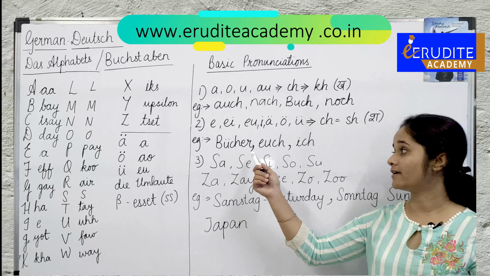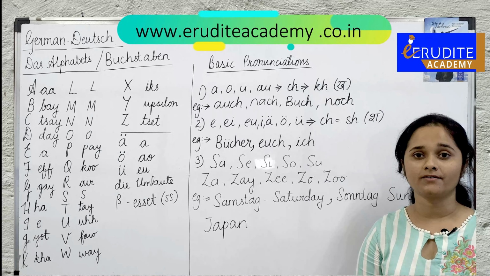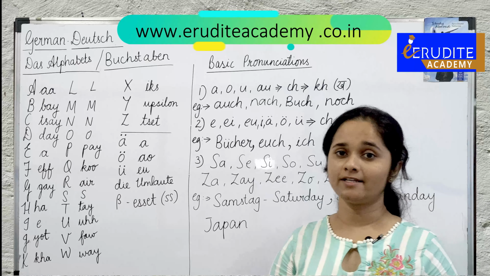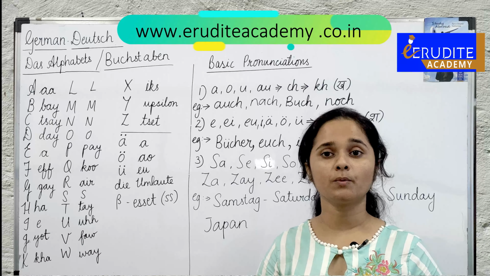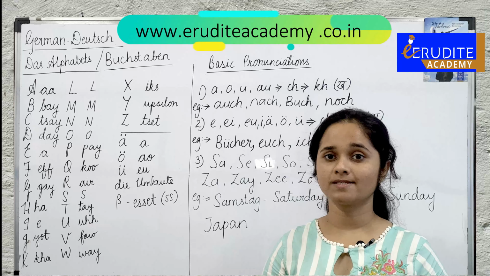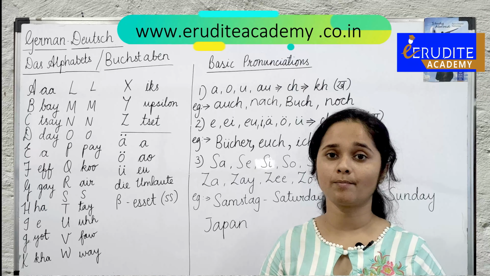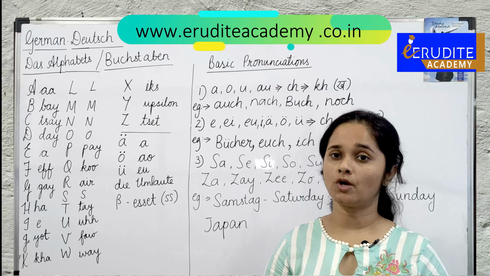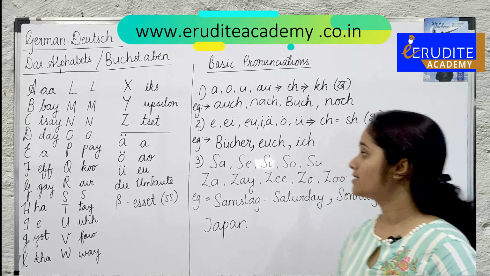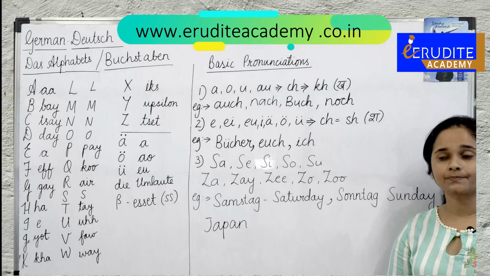Now you must be wondering why I am not pronouncing the R. Let me tell you that when in German you find a word ending with R, they never pronounce the R, or say they never stress the R. The R is silent, present in the spelling but not in the pronunciation. So this is Büscher.